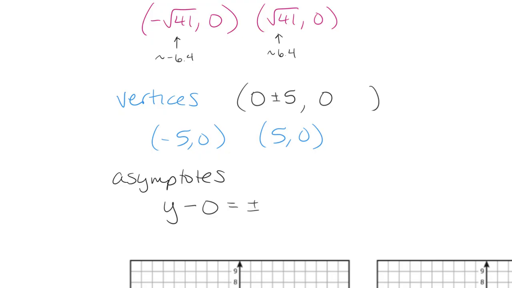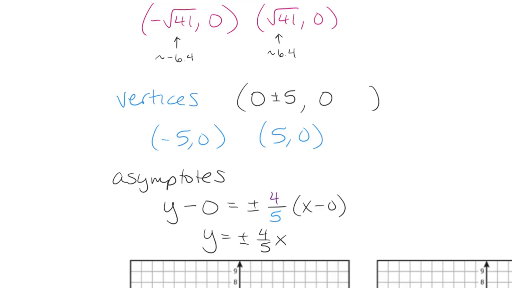B over A. That's 4 over 5. B over A times x minus 0. Now, of course, I can't help myself here. The minus zeros are super boring, so we can actually condense this down to y equal to plus or minus 4 over 5 times x. But besides being able to tell me what the asymptotes are, you don't need it for graphing because we're going to use my shortcut with the box.